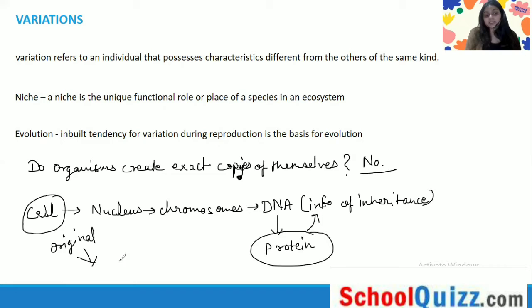When this original cell divides or replicates, it forms many cells, multiple cells, and all these cells have similar information to the original cell, because the information is transferred from the original cell to the duplicate cells.